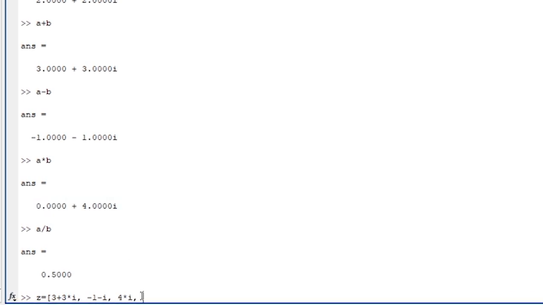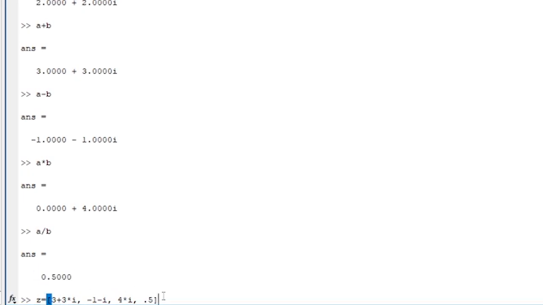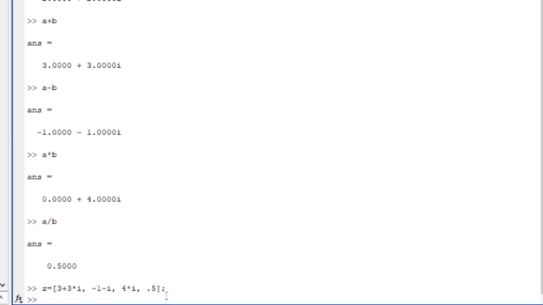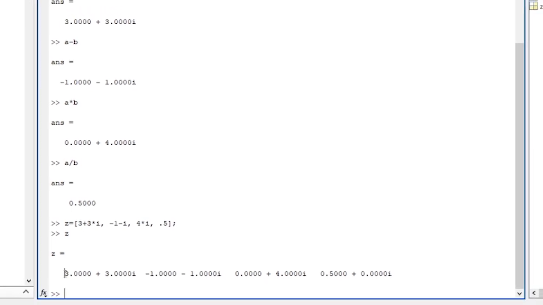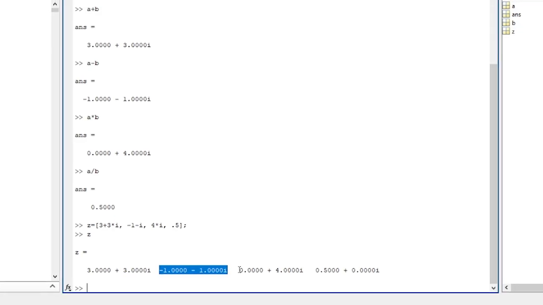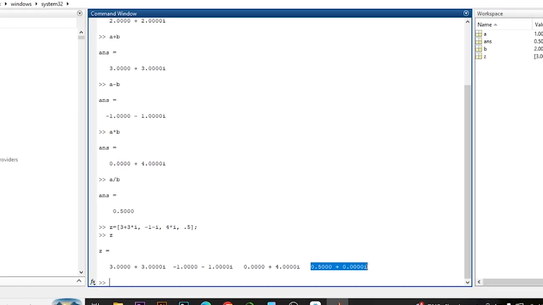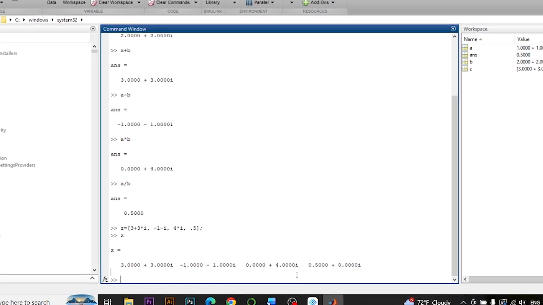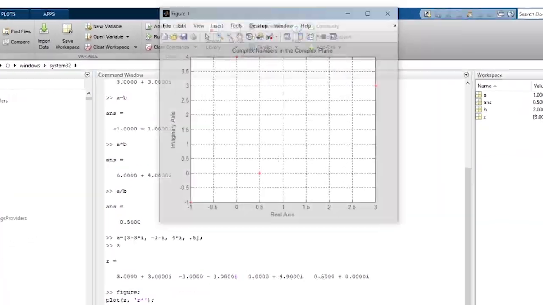And 1/2, which was our result from the division. And let's test to see if that got it. So we have 3 plus 3i, minus 1 minus i, 0 plus 4i, and 1/2 plus 0i. So now let's plot these and see how they look.